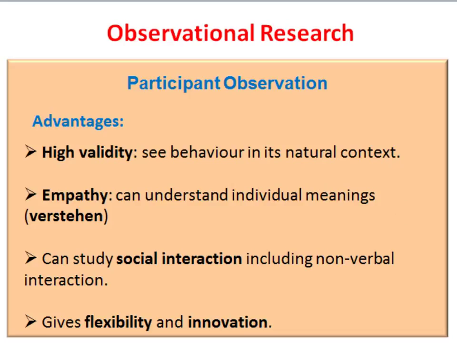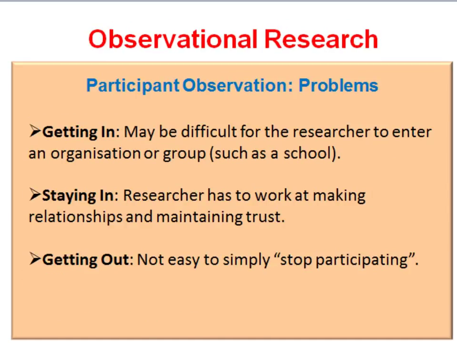So going back to this idea of Verstehen, this is the method that is probably the best in helping us understand the world from the perspective of the group that's being studied. Also, unlike interviews or questionnaires, we can study social interaction, including non-verbal interaction. And also this is a method that gives sociologists a great deal of flexibility and innovation. And I'll explain that point a little bit later on when we look at an example study. But there are some big practical problems with doing participant observation research.